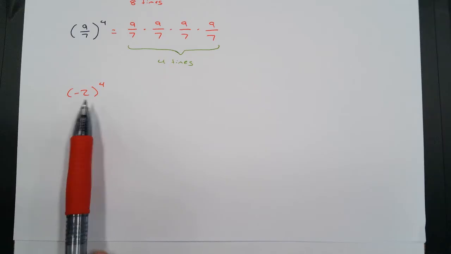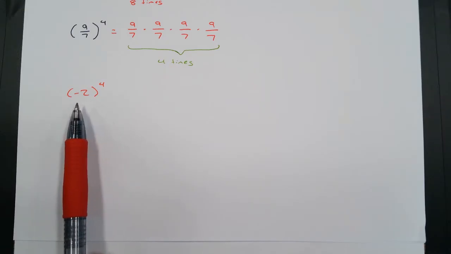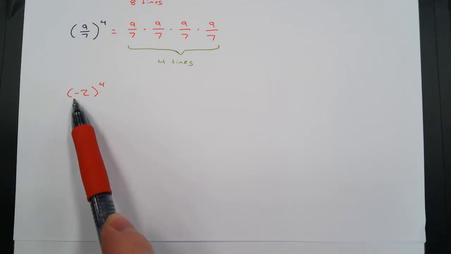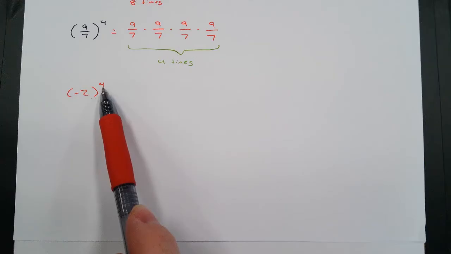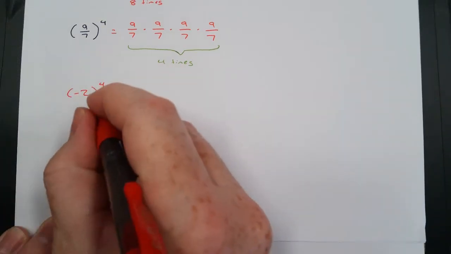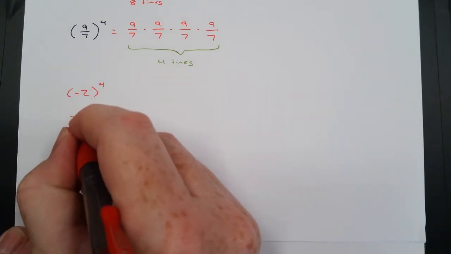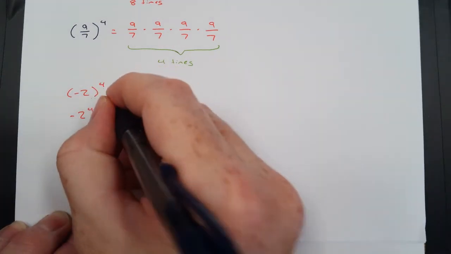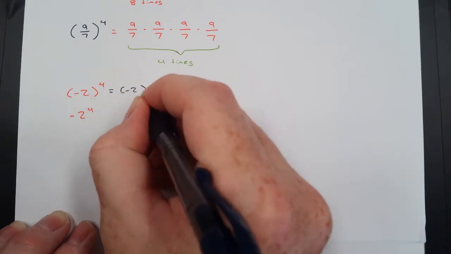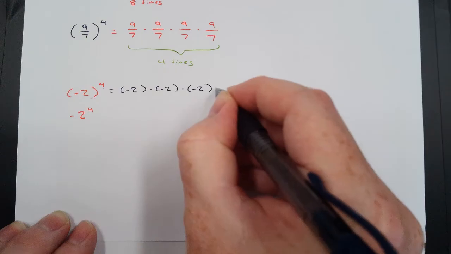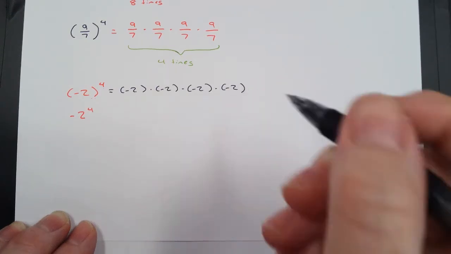The reason the -2 is in parentheses is because you have to tell people that everything inside the parentheses goes to the fourth power. Let me show you the difference between -2 to the fourth power with parentheses and -2 to the fourth power with no parentheses. This one is going to be -2 times -2 times -2 times -2.